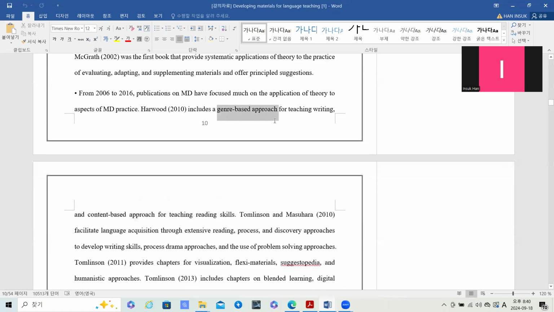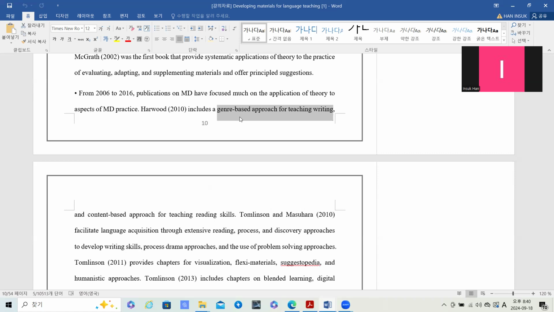The genre-based approach is very famous, especially for teaching writing. When teachers teach how to write an email in a business situation, in that case, the teacher can read through an example of a business email with their students.